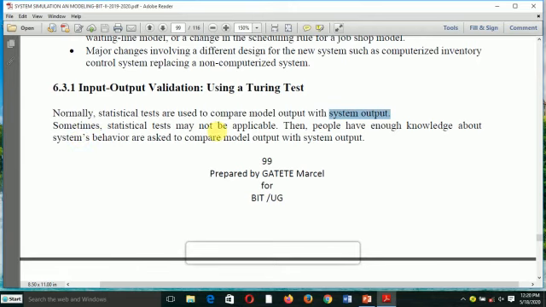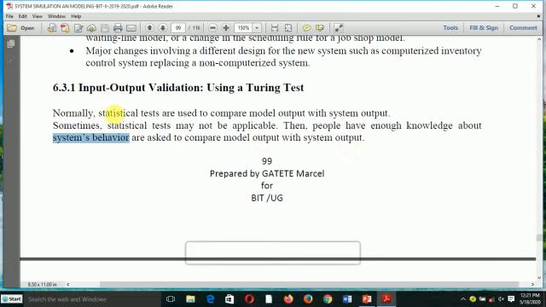Statistical tests may sometimes not be applicable. Sometimes you try to apply a statistical test to compare model output and system output, but it won't be possible. So here you will use people or professionals who have enough knowledge about the system behavior, who know how the system behaves, and you are going to use them so that they help you compare the model output with the system output.